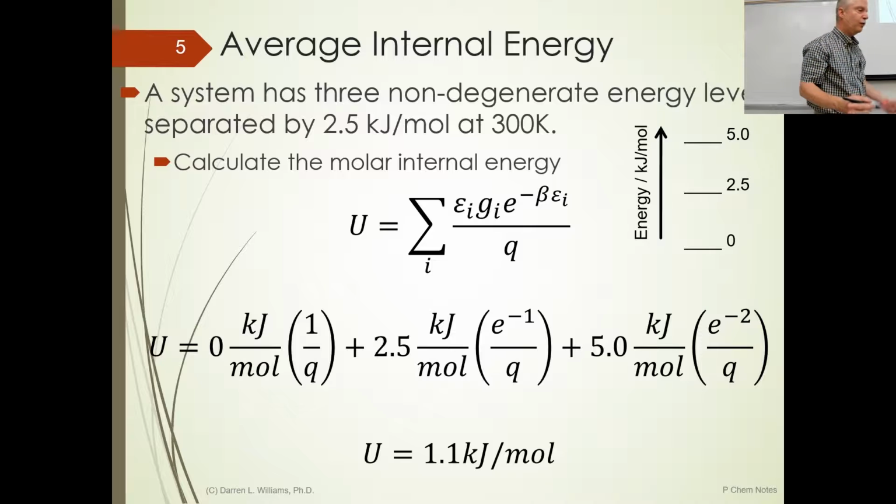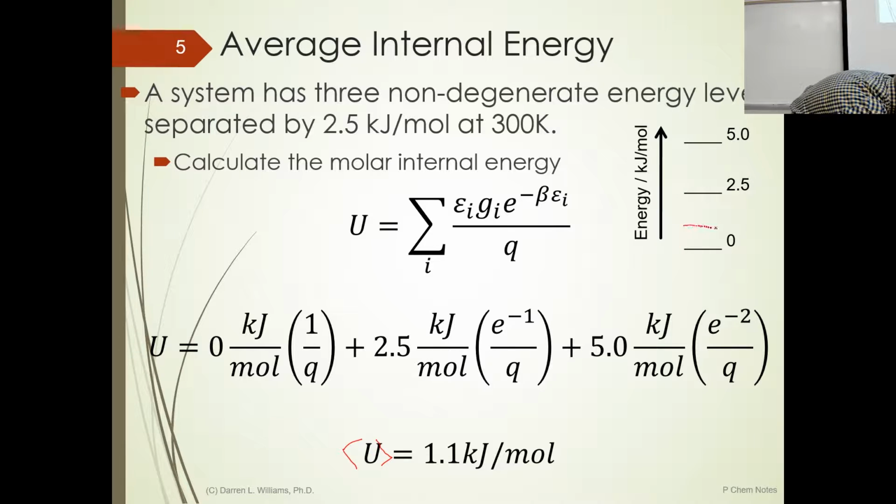Notice we made this point earlier, that's sort of the average energy or expectation value for the energy. So if we pulled molecules out of the box, some would have 0 energy, some would have 2.5 kilojoules, and some would have 5 kilojoules. But if we averaged everything, this would be the average energy of 1.1 kilojoules per mole. And that's up here somewhere.